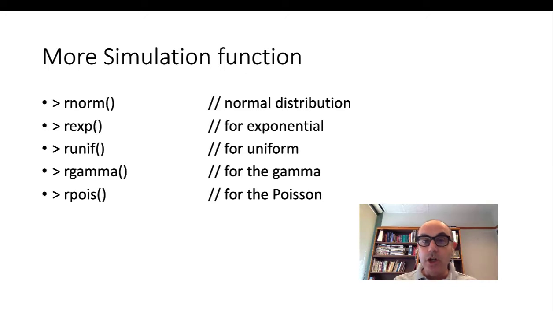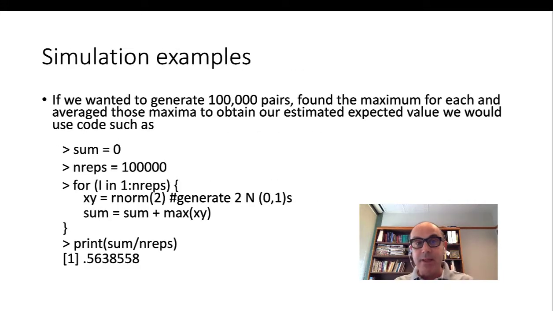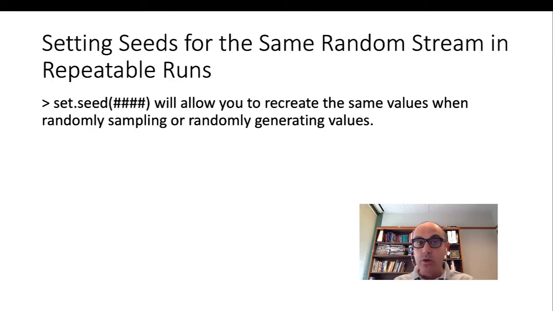So simulation, again, with a normal distribution, with exponential, uniform, and even Poisson, allows us to do that in R, and this is something that we want to explore. Again, I give you an example from the textbook and how to apply it.